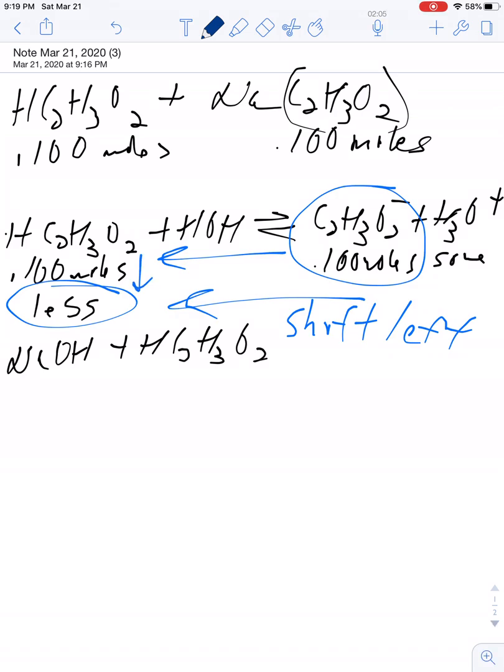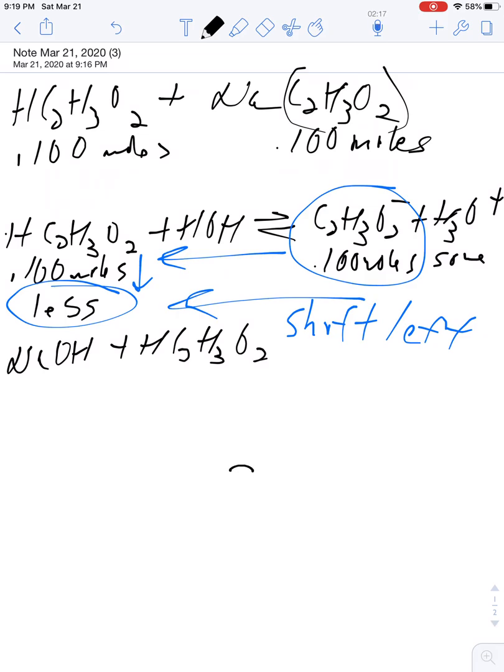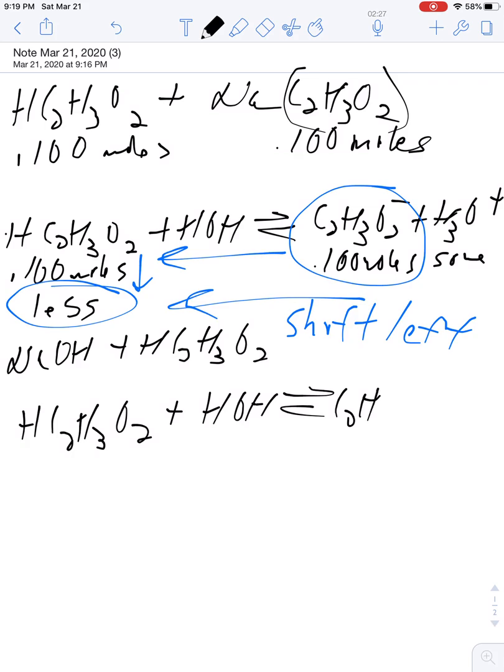Okay? So by doing that, the pH doesn't change very much. Okay? Similarly, we can think of the other situation. What if we add an acid?